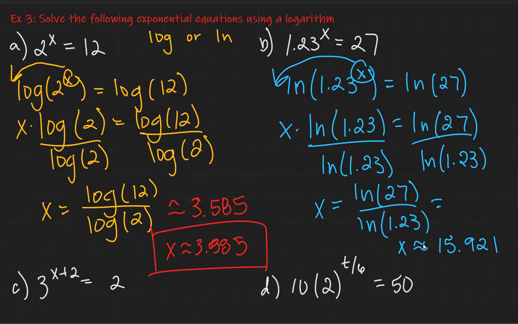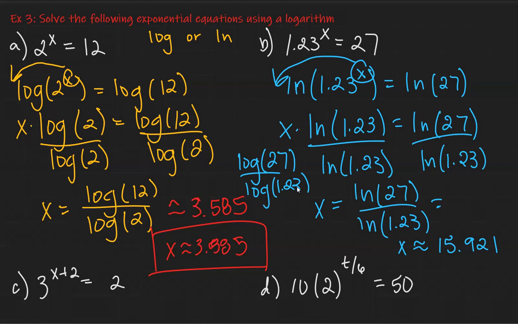Pretty cool. Now just to show you, if you used a logarithm here, you would get the exact same answer. If I replaced all of these with log, I would get log of 27 over log of 1.23. Put that into your calculator and see what you get. Log of 27 divided by log of 1.23.